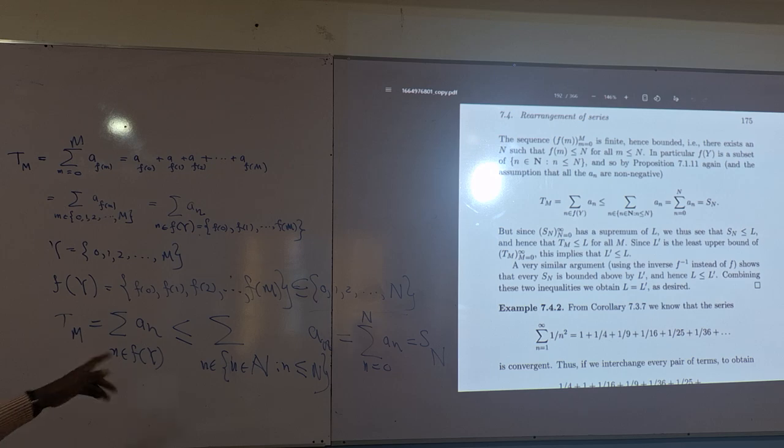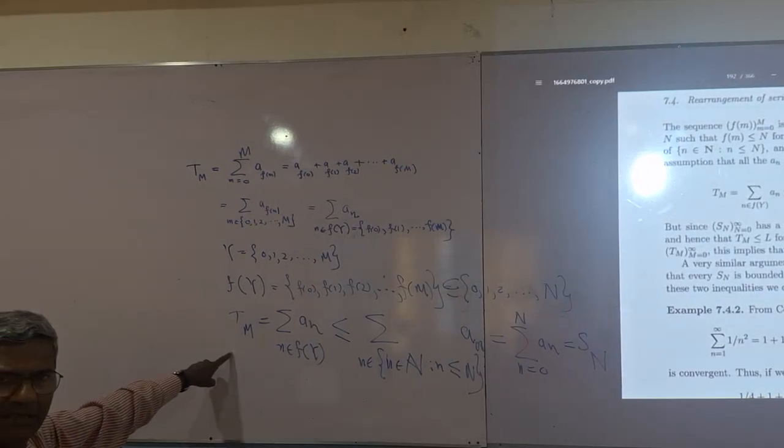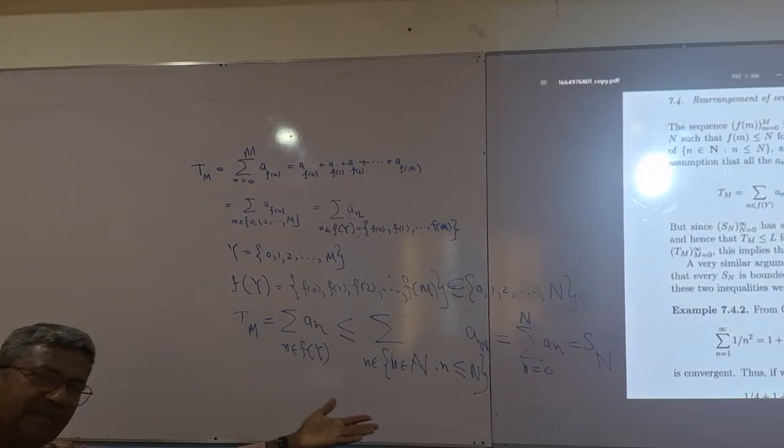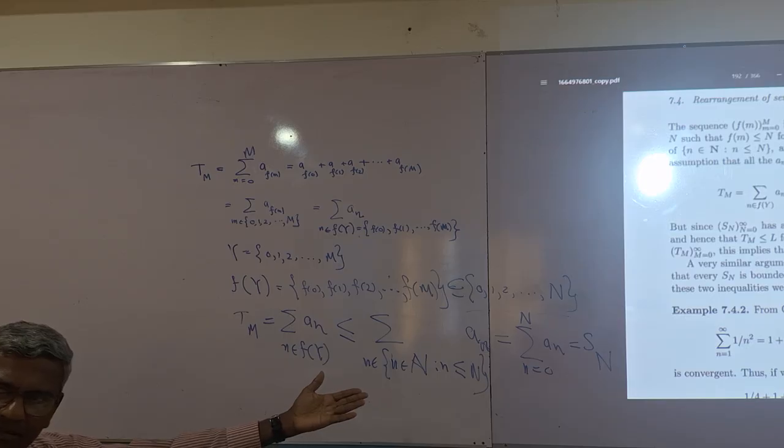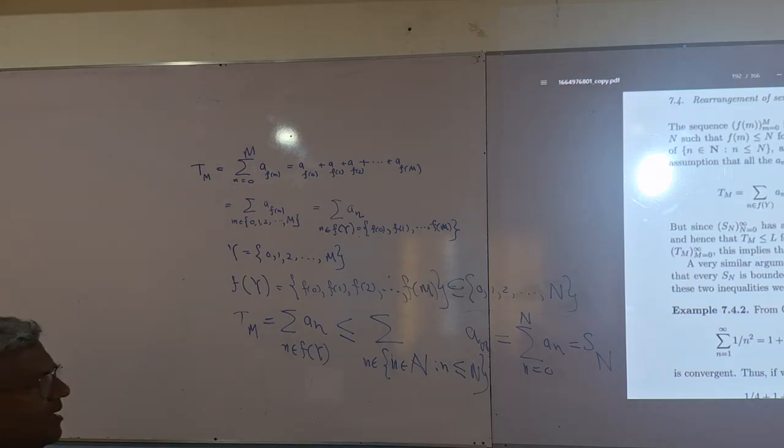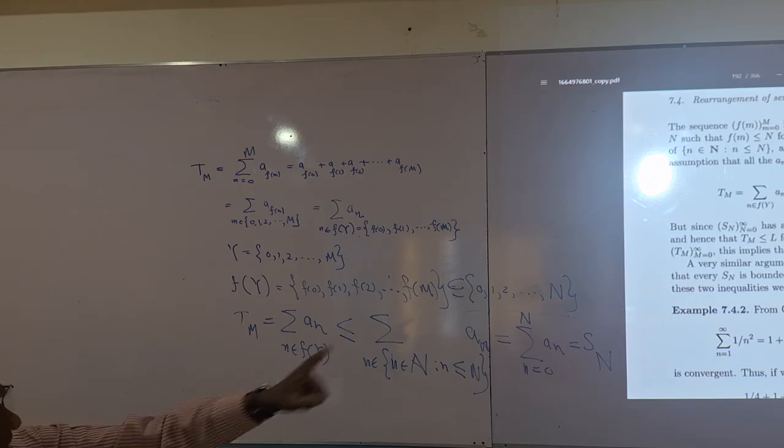But since Sn, n going to infinity, has a maximum capital L, one thing you need to observe is that we are beginning from capital L. As a result, there is a capital L such that Tm less than or equal to Sn. Then, since Sn has a supremum, capital L is the sum of the infinite series sigma n.